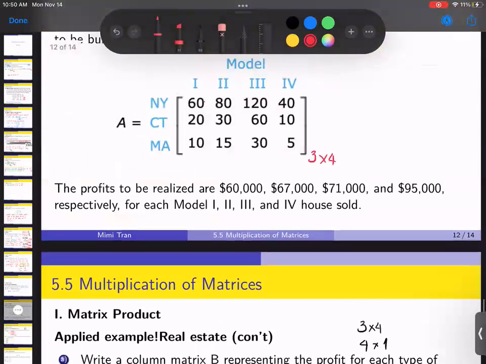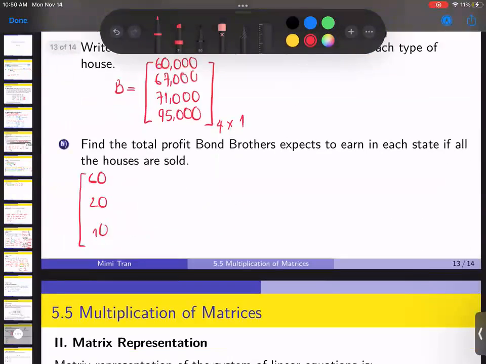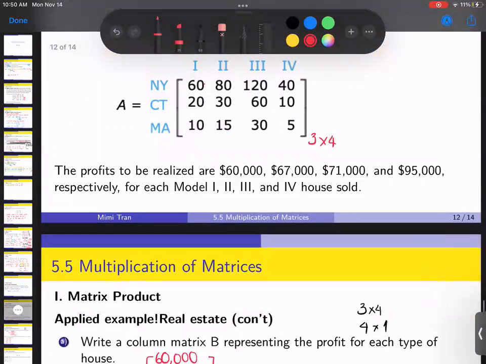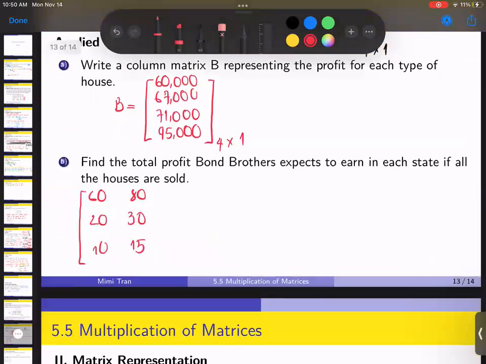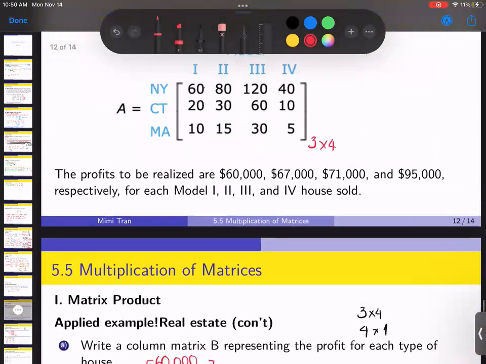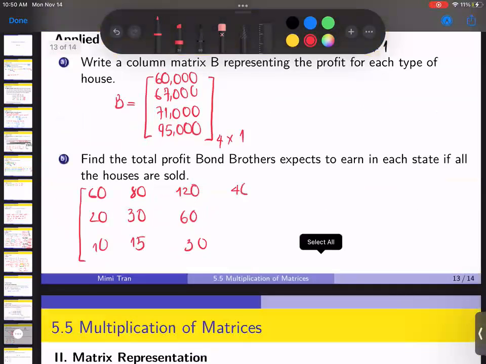And then model 2: 80, 30, 15. And then 120, 60, 30. And then 40, 10, 5. Because that's a 3 by 4, and then times a 4 by 1, which, I don't feel it's right. I'm just going to duplicate this one.